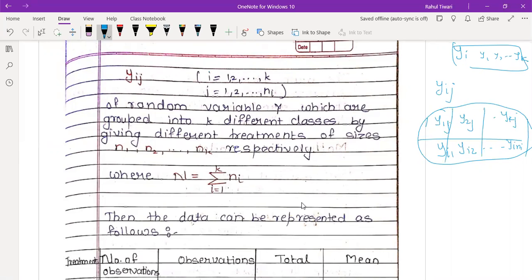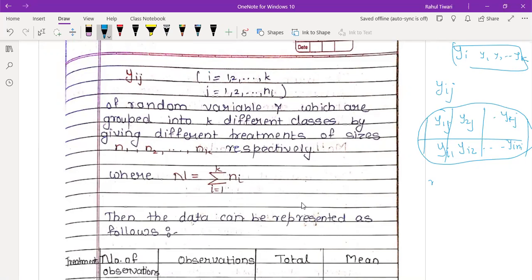But just assume that there are yij observations of a random variable y which are grouped. Why is it called grouped? Because the data is clubbed into k different classes by giving different treatments, of sizes n1, n2, nk.